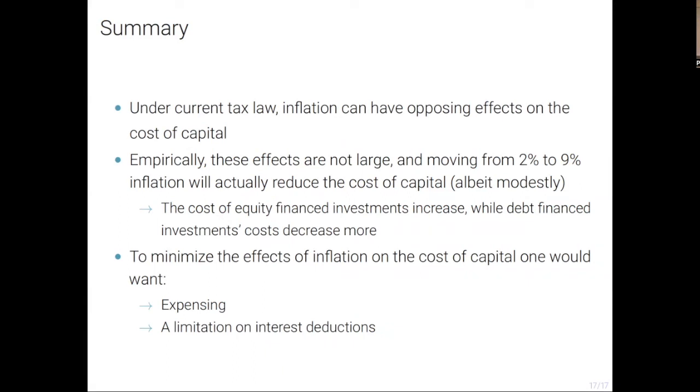So if interest isn't deductible from the corporate income tax, and if you can fully expense your investments, then inflation isn't going to impact the net present value of depreciation deductions, and inflation isn't going to affect the after-tax real discount factor because interest payments won't be deductible. In that case, that cash flow tax, you're going to eliminate the distortion between debt and equity financing. And then again, that distortion becomes increasingly important in a world of high inflation.